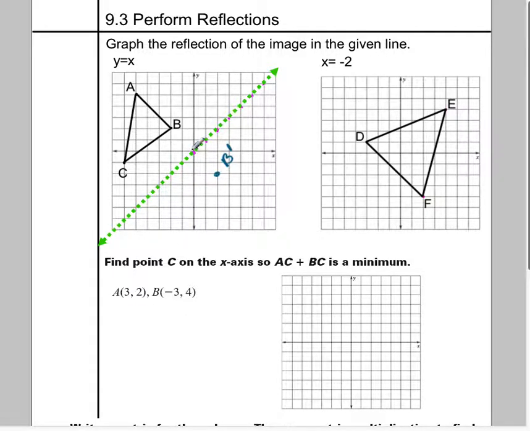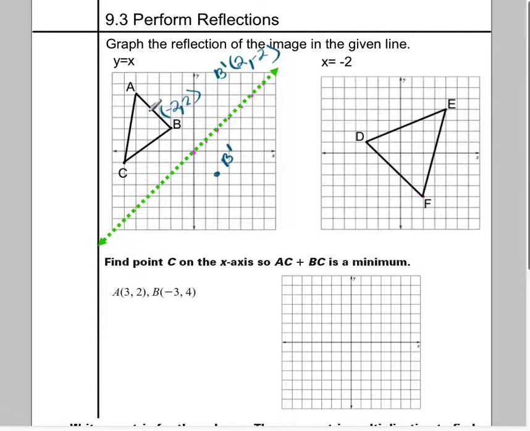So B is currently at (-2, 2). The rule says to switch those. So B prime would be at (2, -2). And then you can see that's where it is. But as you can see, you can also get there by counting diagonals, which is what I'm doing. And really, either method is perfectly fine. You can use the rule if you like to.